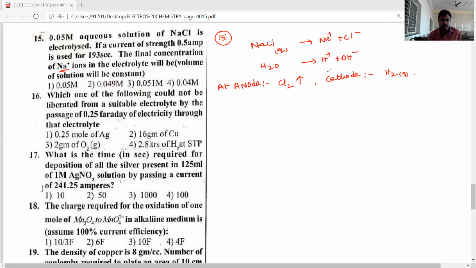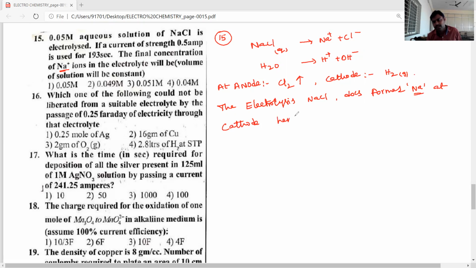So in the electrolysis of NaCl, sodium metal Na does not form at the cathode.